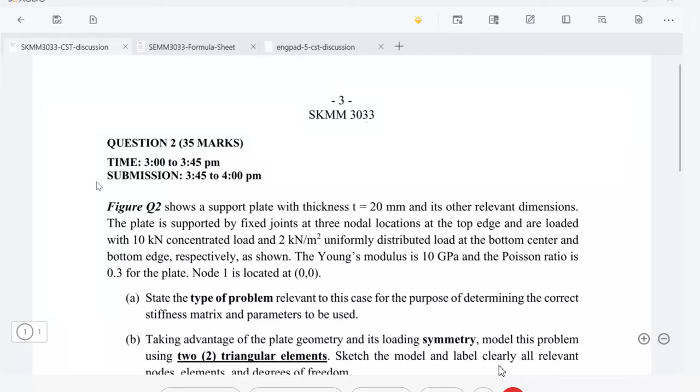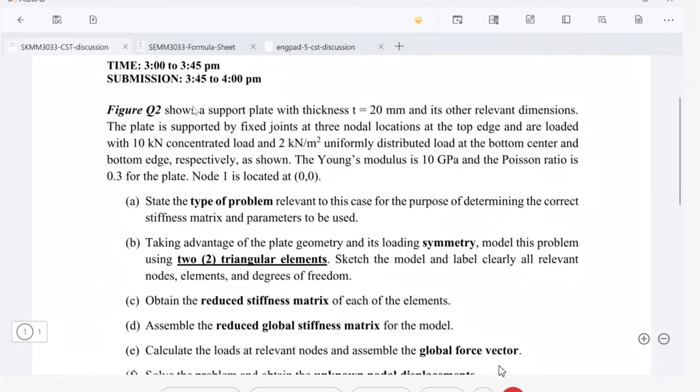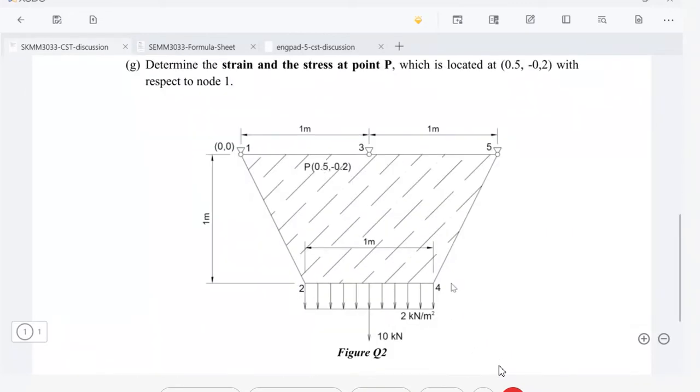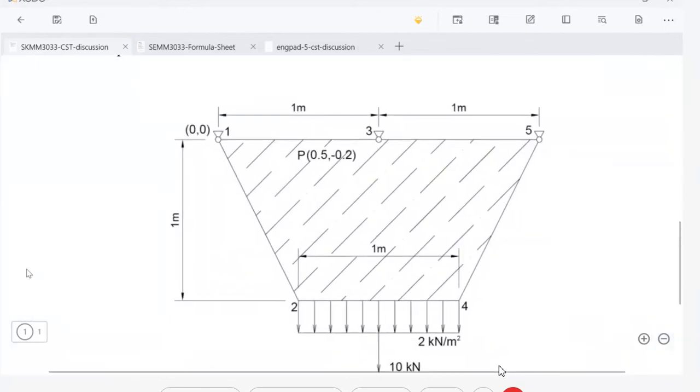Next, let's read the question. State the type of problem relevant to this case for the purpose of determining the correct stiffness matrix and parameter to be used. If you take a look at this figure, you notice that this is our first 2D element.